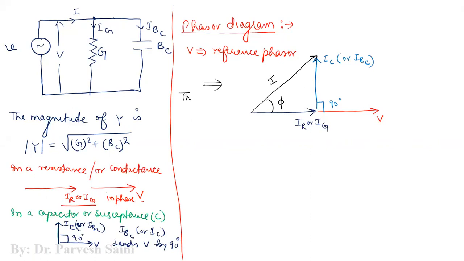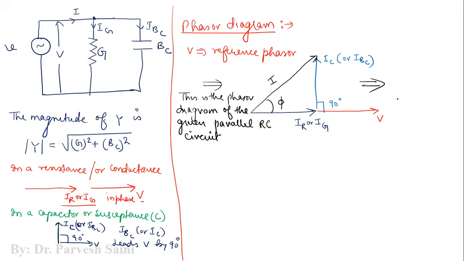So this is the phasor diagram of the given parallel RC circuit, right? So if you convert this into a triangle, which is the current triangle, you can do so. So you have IR, then you have IC, or you can write it in terms of G and BC also.